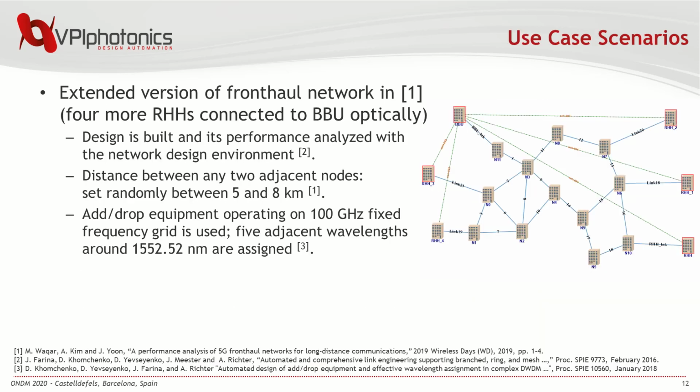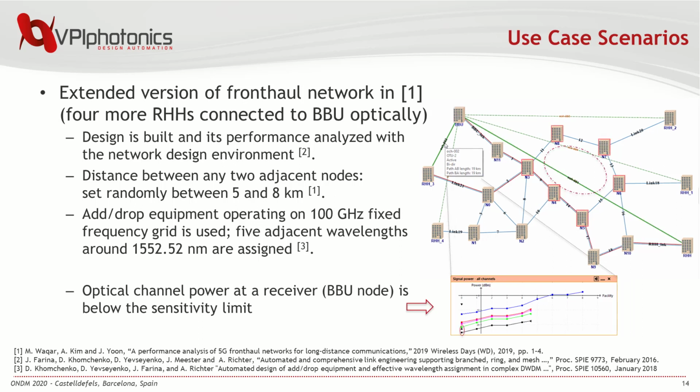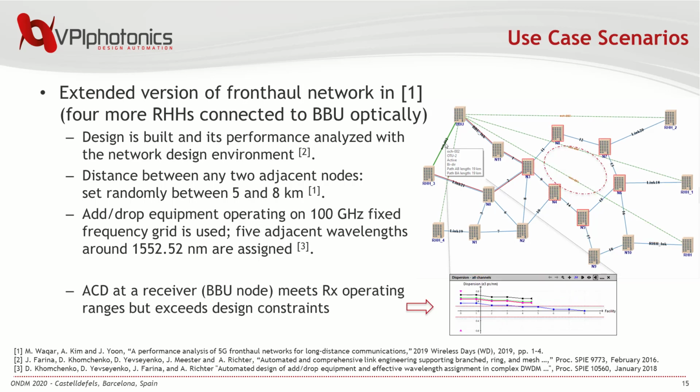Now, let's have a look at 4 scenarios of LLC and DC for a slightly extended front-haul network recently studied. At first, there will be loss compensation without constraints to amplifier placement and accumulated dispersion. That is, the signal metrics are just to meet receiver operating limits. Then, there will be use cases when amplifiers are not allowed in the inner ring, and stringent constraints are imposed on accumulated dispersion.